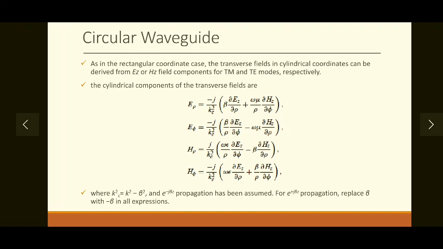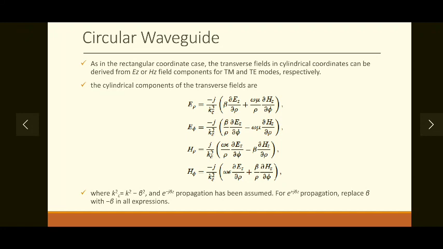As in the rectangular coordinate case, transverse field components in cylindrical coordinates can be derived from Ez or Hz field components for TE and TM mode. So how to do that? For that you can watch the separate video of general solutions of waveguide in cylindrical coordinates.